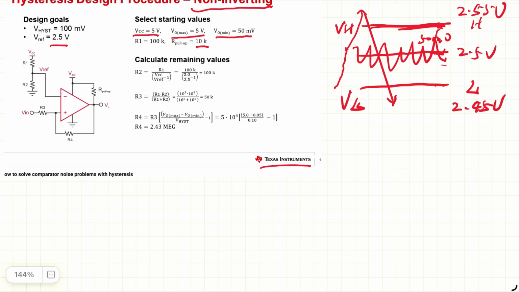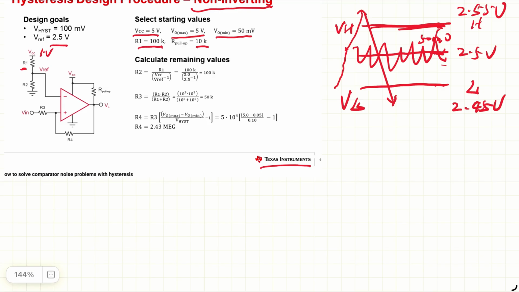The pull-up resistor is 20K because the output may be a floating output, so you need a pull-up. First, R1 is 100K, because the reference voltage comes from the 5 volt supply and we need a 2.5 volt reference.